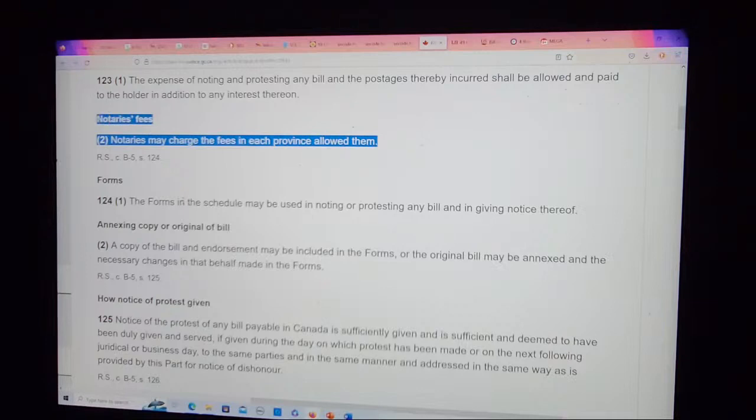Always pay your notary, always get receipts, and then get a certified copy of their logbook where they log your data in it for the protest. Very, very key. It's quintessential to make sure to pay your notary. Don't care if it's $1, don't care if it's $50, whatever it is, make sure to do that.